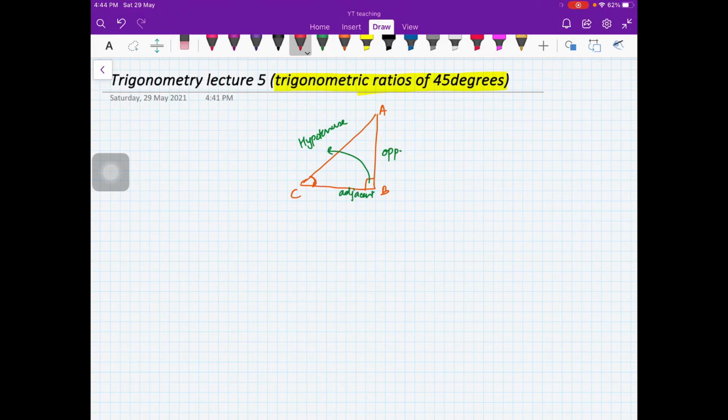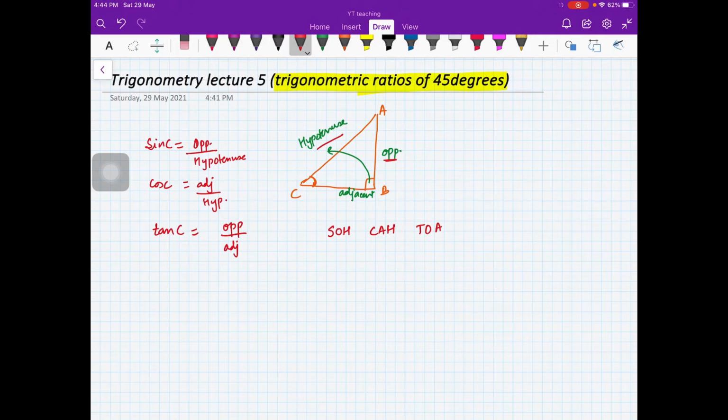Then we have said that sine of angle C will be opposite upon hypotenuse, and cos of C was adjacent upon hypotenuse, and then tan of angle C was opposite upon adjacent. So I have told you SOH CAH TOA, so this is how you can remember.